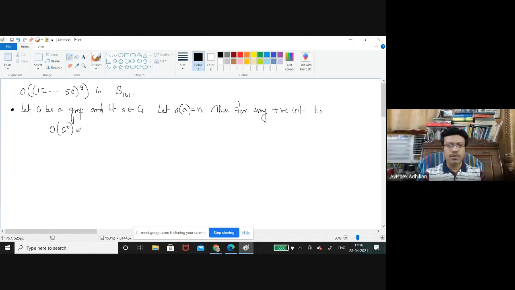This formula will be very much useful for many of the competitive exams, and this is nothing but order of A divided by GCD of order of A comma t. Okay, so as here order of A is n, it will be n divided by GCD of n comma t.